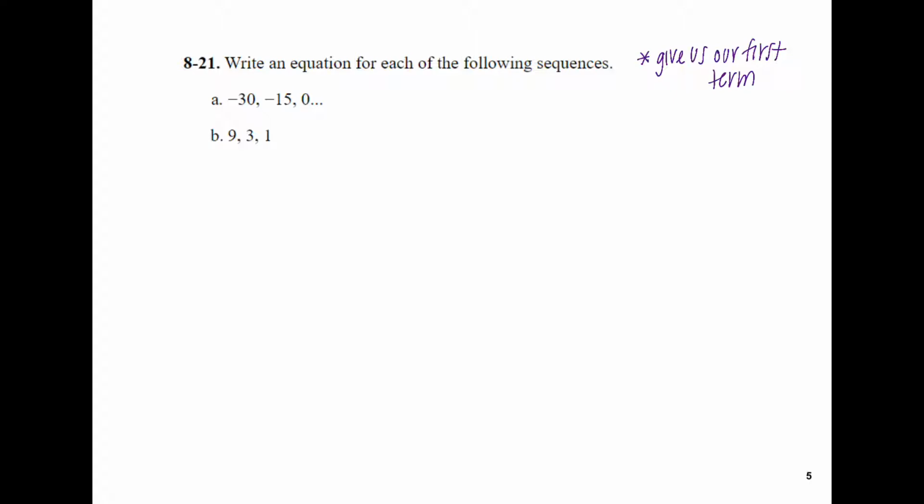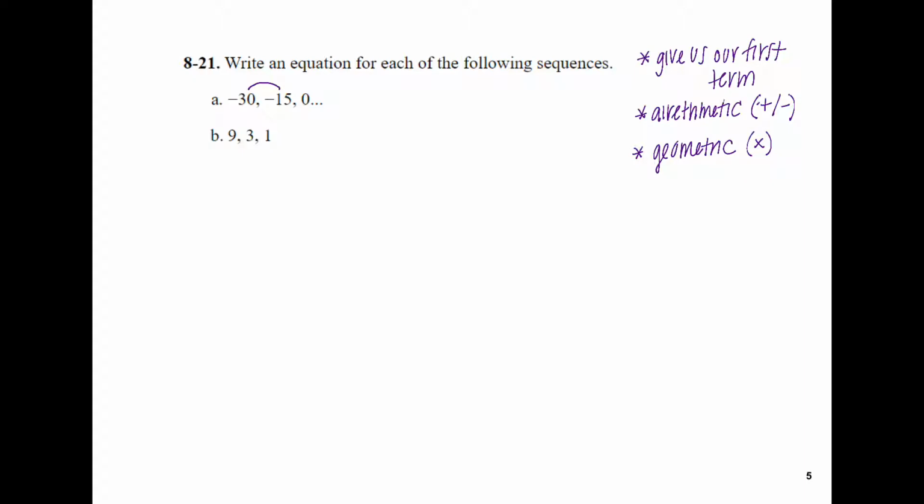We also need to determine whether it is arithmetic, based upon adding or subtracting to get to the next term, or geometric, which is multiplying to go from one term to the next. So when you look at your pattern, it has to do the same thing every time.